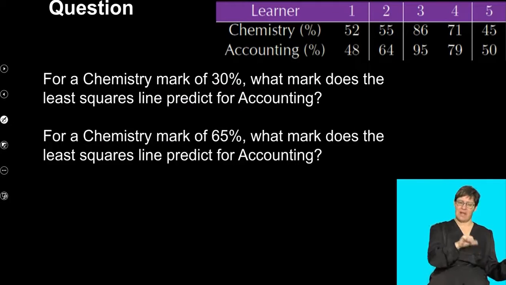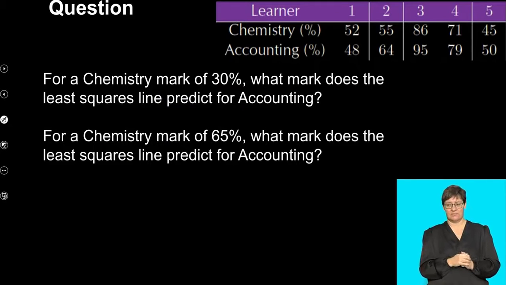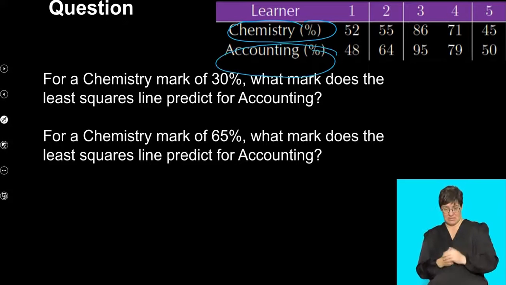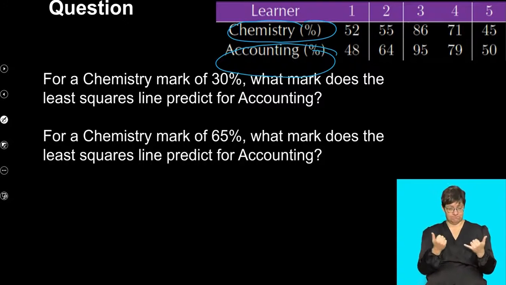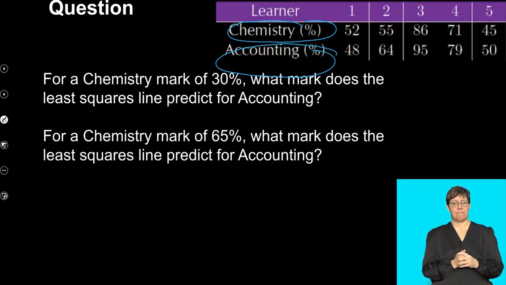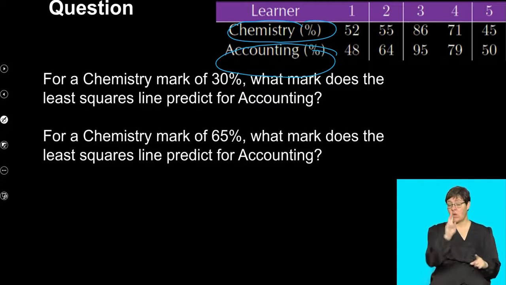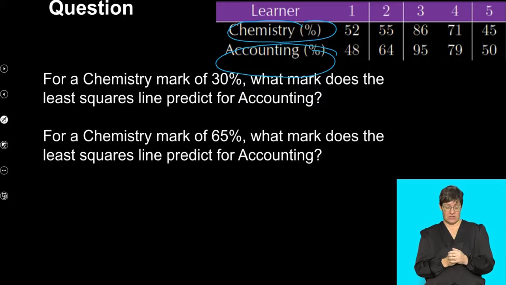So let's go back to our chemistry question. Remember, we're given the chemistry marks and the accounting marks. Given chemistry and accounting, we calculate our regression as we did previously. Now let's look at the range.